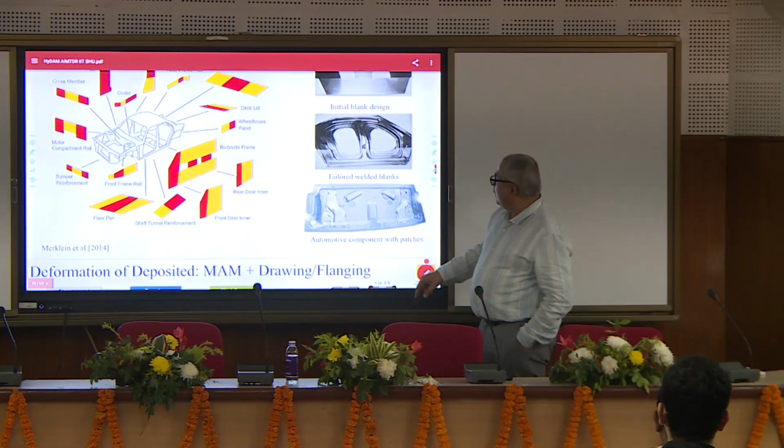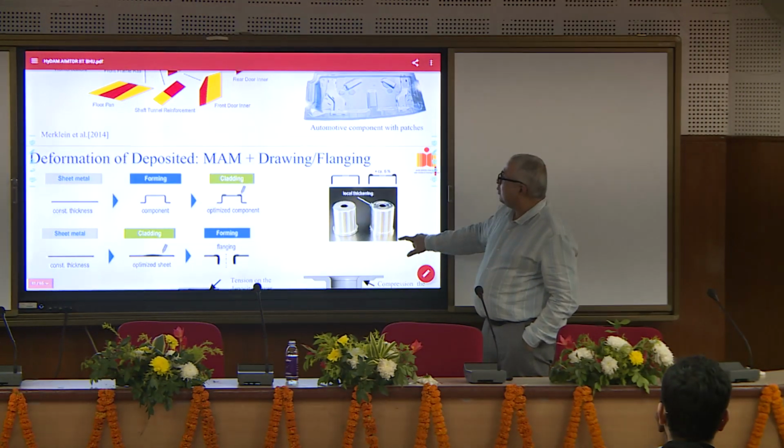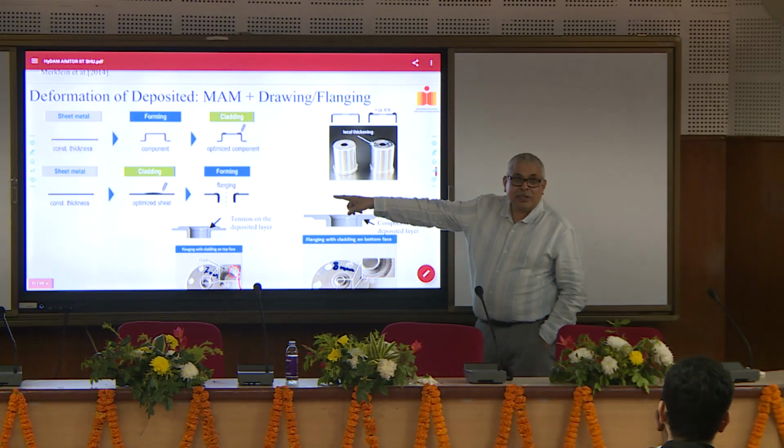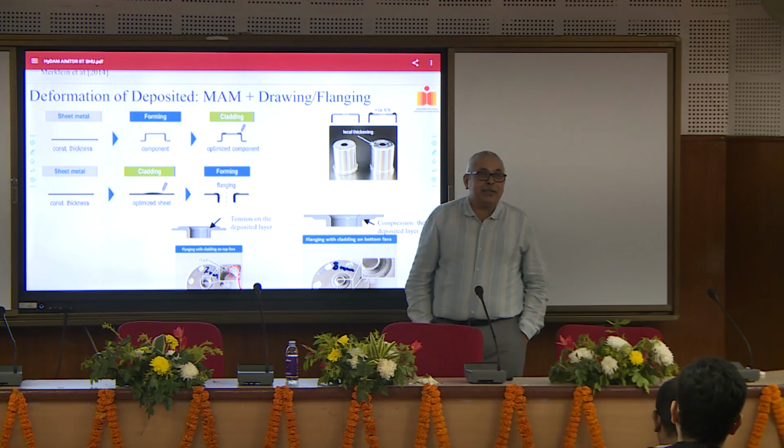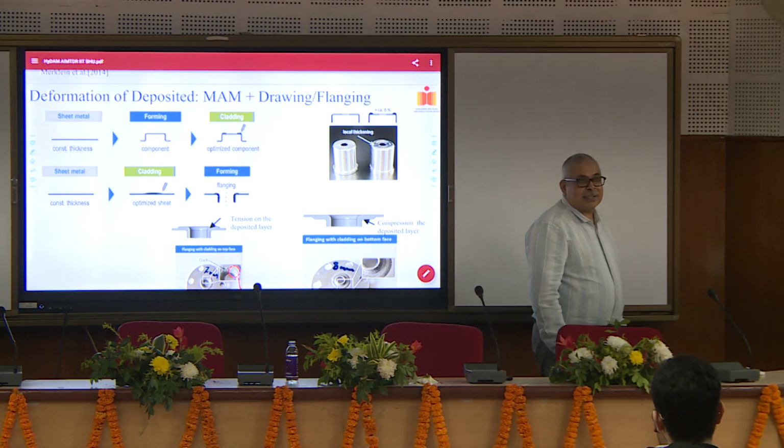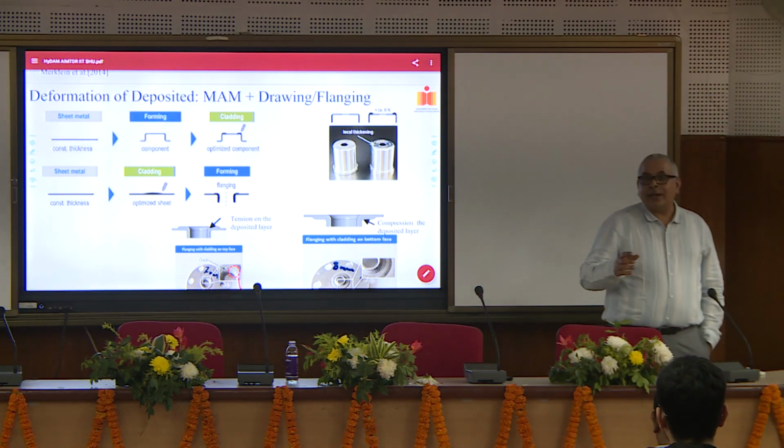Multiple applications are necessary, and people are even doing stamping applications. You deposit where the thinning takes place, you deposit where the cracks take place. That way they can enhance it.